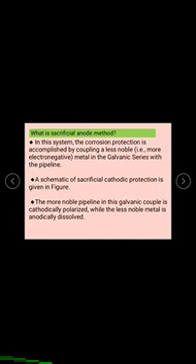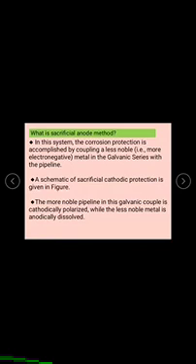What is the sacrificial anode method? In this system, the corrosion protection is accomplished by coupling a less noble metal, that is, a more electronegative metal in the galvanic series, with the pipeline.